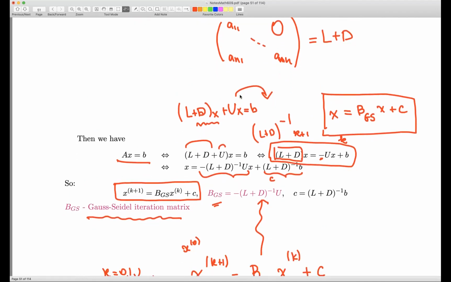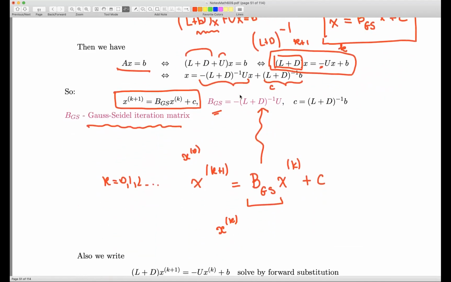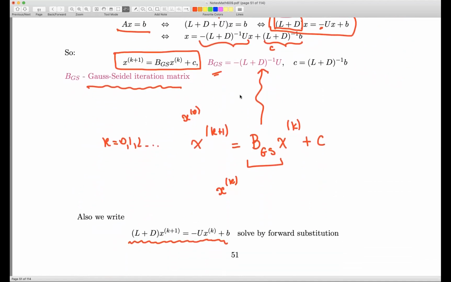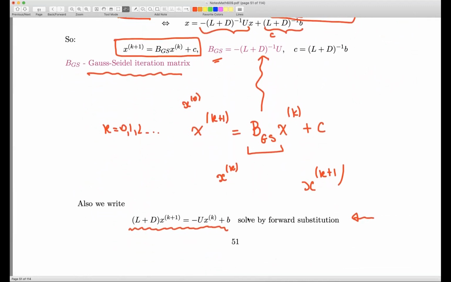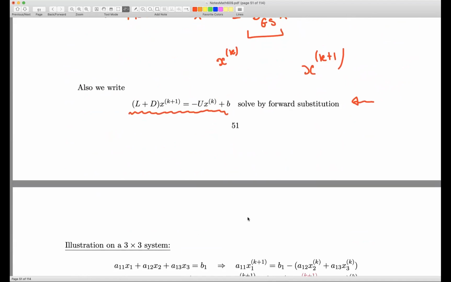At every step of Gauss-Seidel, you have to solve a forward substitution here in order to find x at step k plus 1. However, we will discuss how exactly Gauss-Seidel is performed, and for this we will again illustrate our method on a 3x3 system.